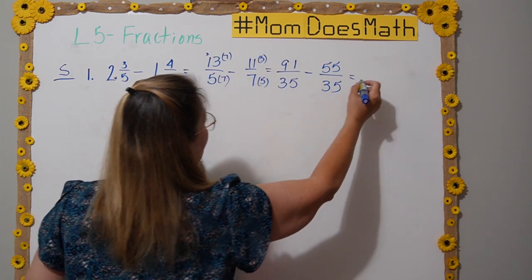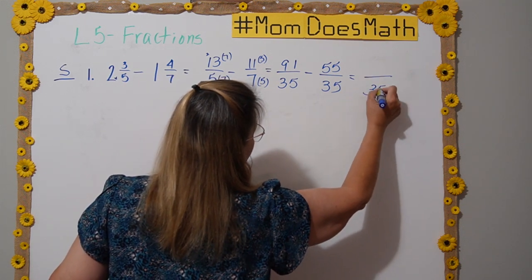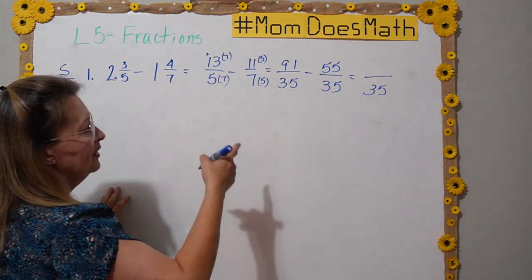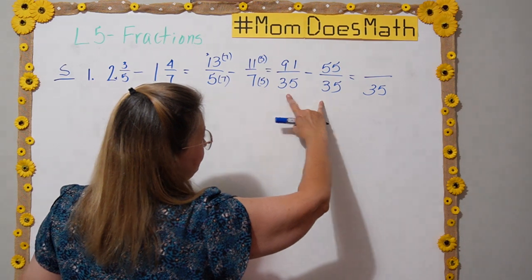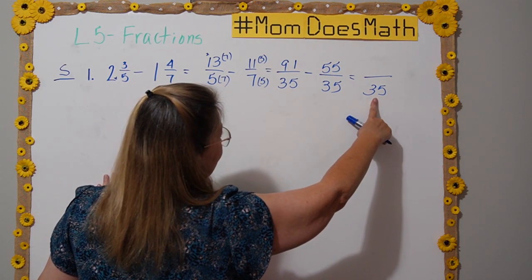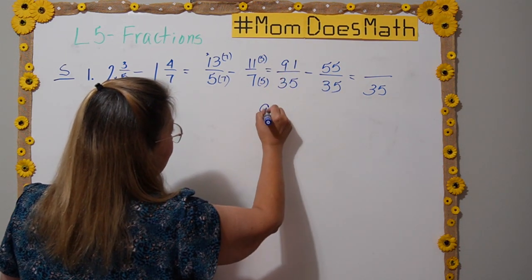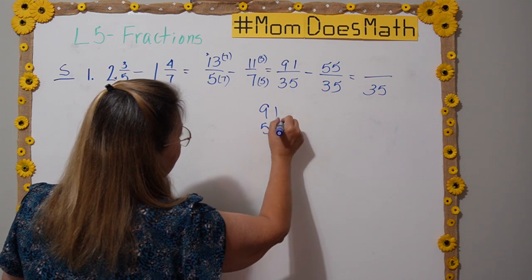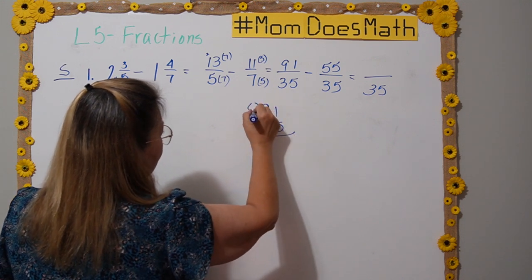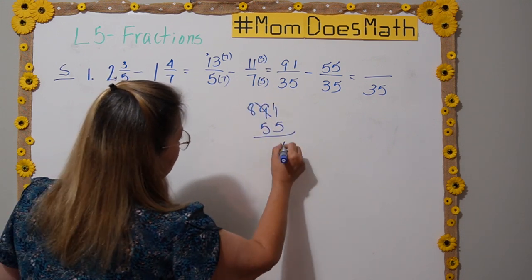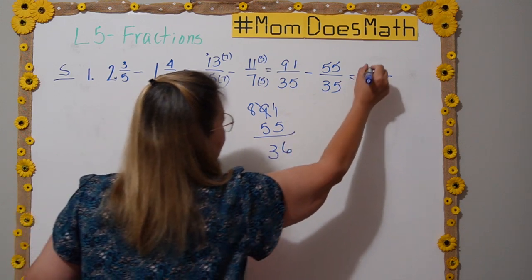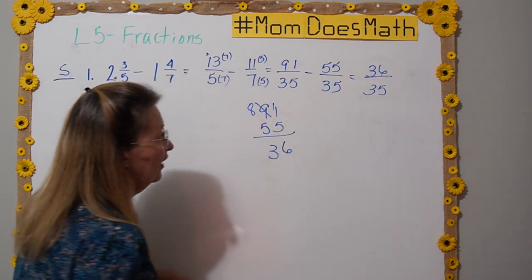Now that your denominators match, your answer is going to have that same denominator. I just need to figure out what is 91 minus 55. So that's going to be 36 over 35.